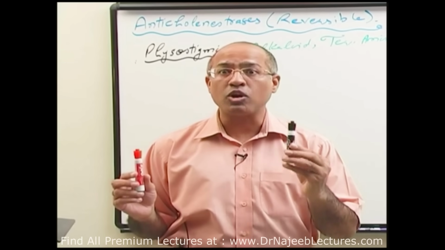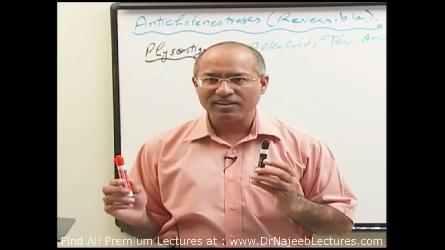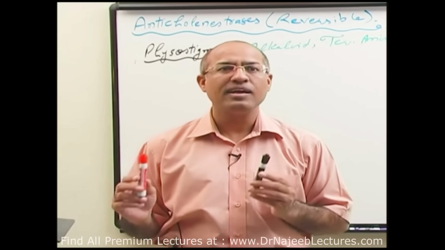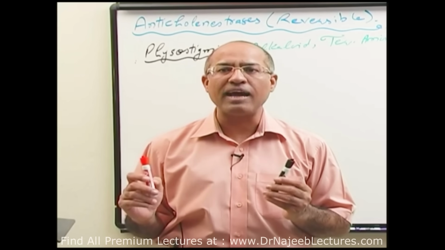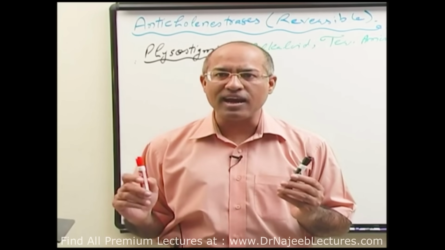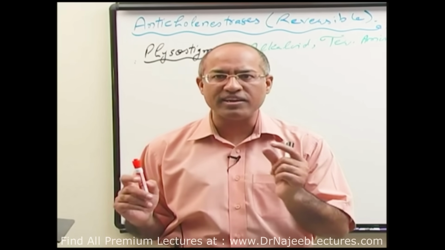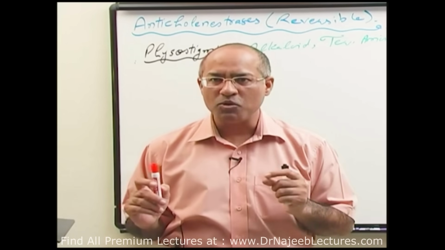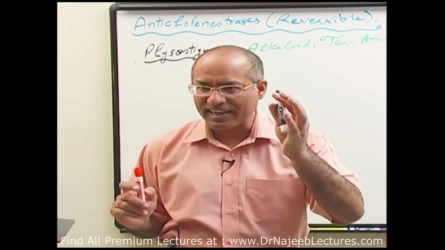It will be able to cross the blood-brain barrier. Is that right? Even physostigmine will have more action on the ganglia, because most of our ganglia are embedded in fat. And these are lipid soluble. They can enter into fat and have more action on the ganglia.